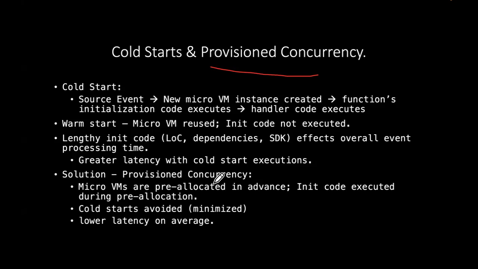Create a small number of micro VMs, load them up with the necessary code, and execute the initialization code as well, and have those micro VMs essentially reserved for any potential events that are going to occur.